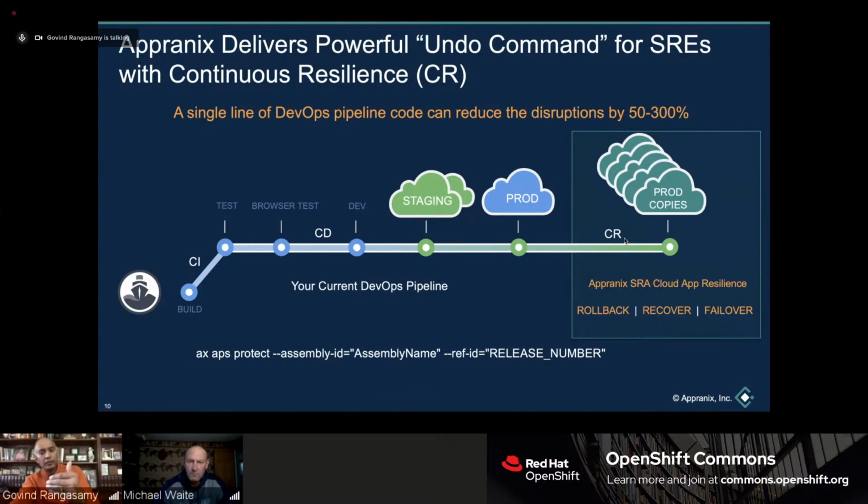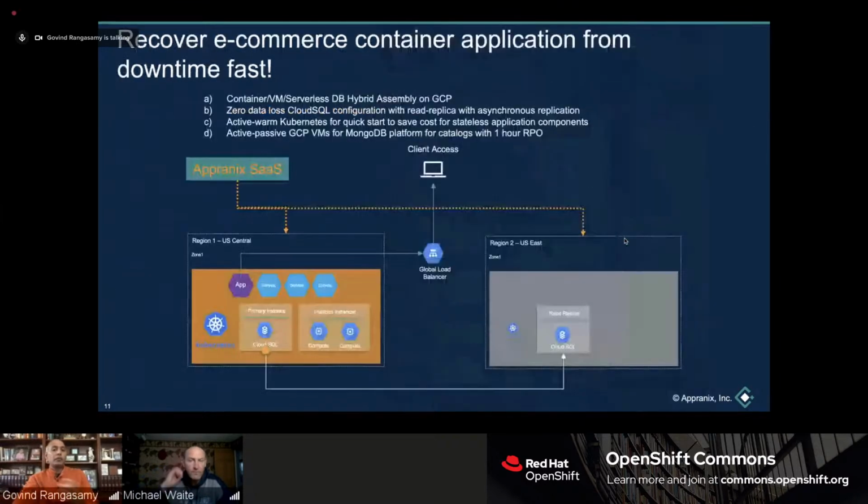So at any point in time, you can roll back, even if you had a bad deployment, you could recover it or completely fail over to another region, right? All of that will be taken care of. So from a demo perspective, I cooked this up on top of GCP because we have credits, we use GCP. You could do exactly that on AWS or Azure, not a problem. For demo purposes, again, it's just for demo purposes.